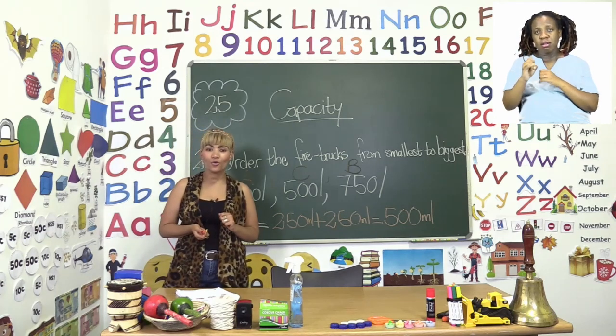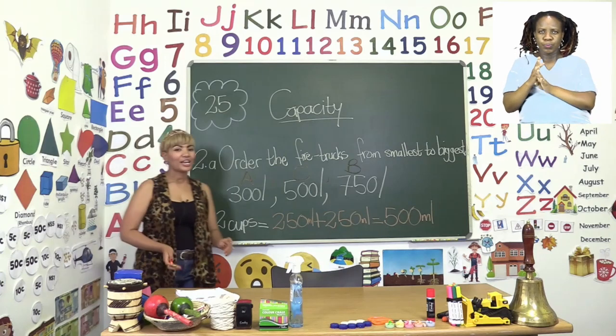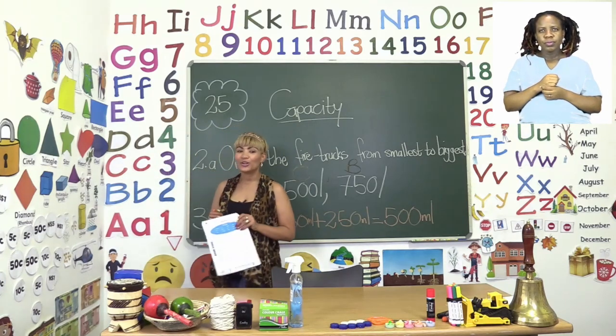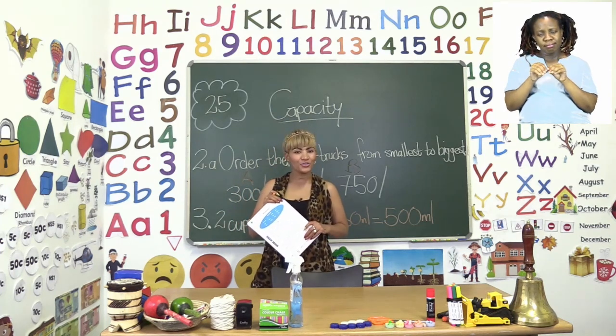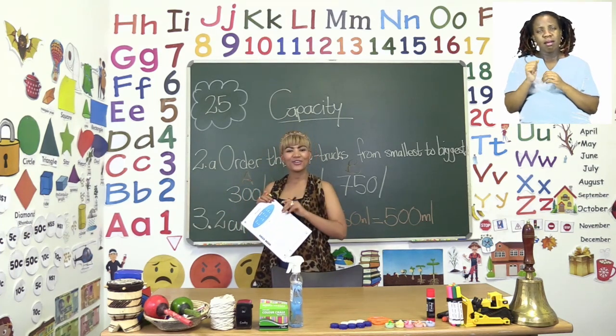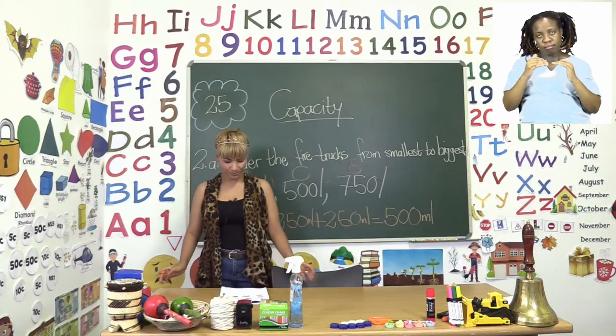So that would be the order that you have to arrange your fire trucks in. Now, everyone, I need you to go ahead and try to do all the other sums on your own for number 2.